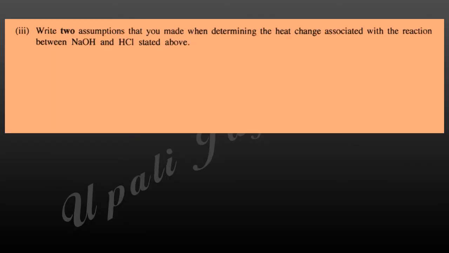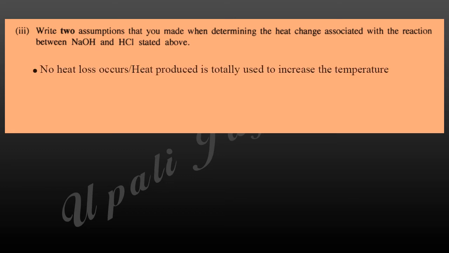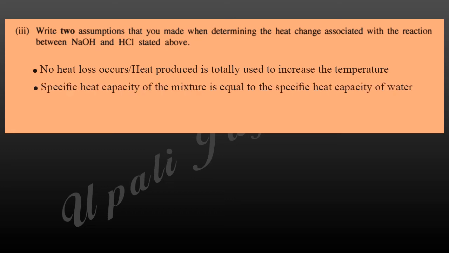Now refer to part 3 of the question. Write two assumptions that you made when determining the heat change associated with the reaction between sodium hydroxide and HCl stated above. No heat loss occurs, or the heat produced is totally used to increase the temperature.